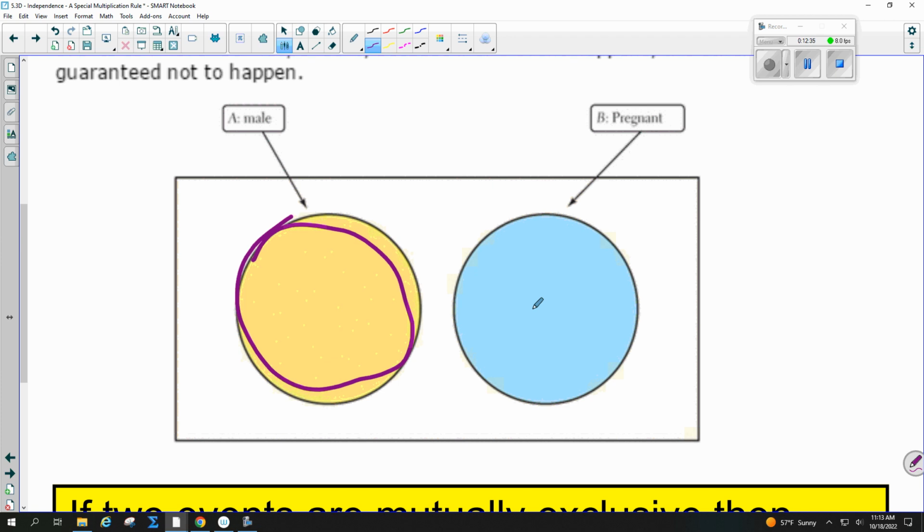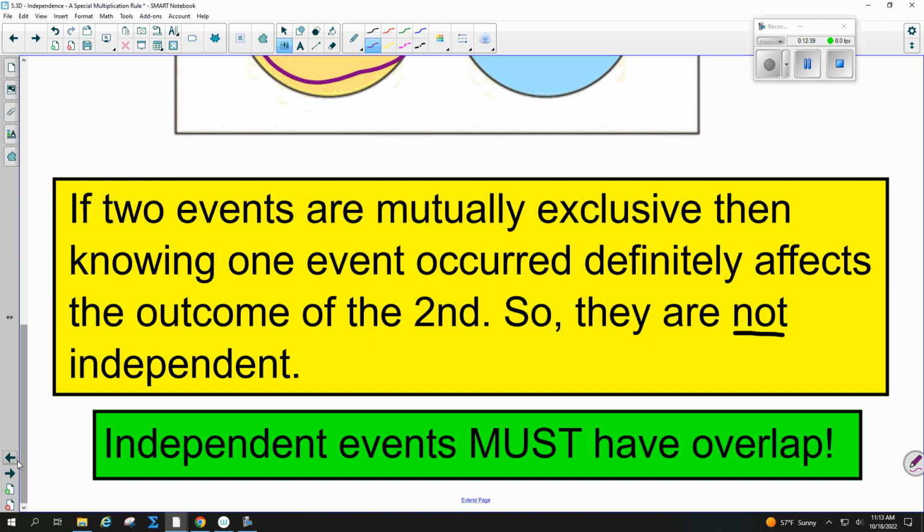So something I would most definitely write in my notes: if two events are mutually exclusive, then knowing one event occurred definitely affects the outcome of the second. So they are not independent. Mutually exclusive events are not independent, because once you know one thing, you know the other thing does not happen.